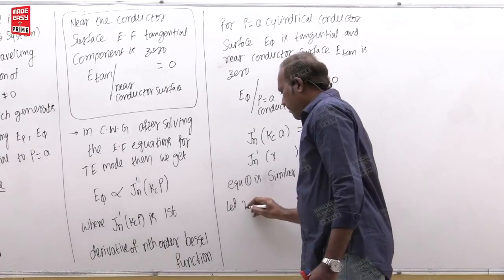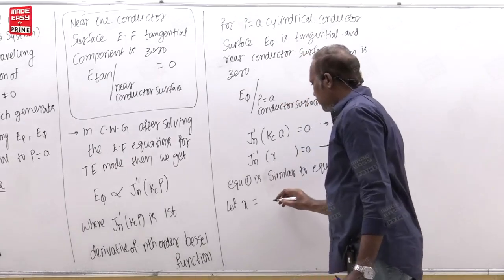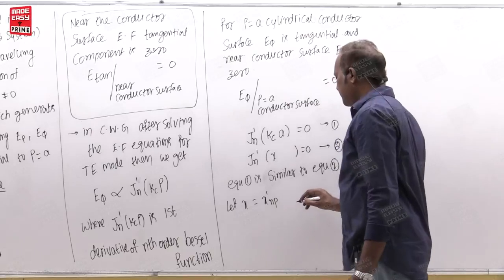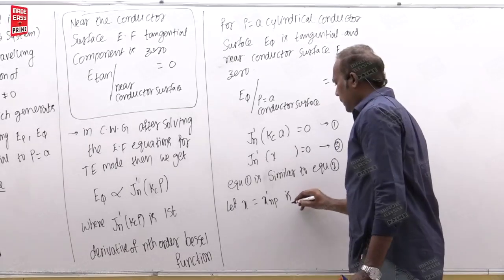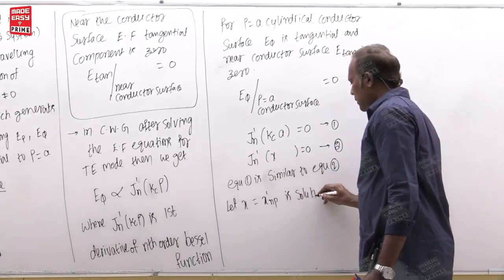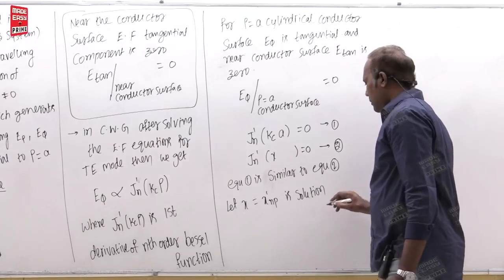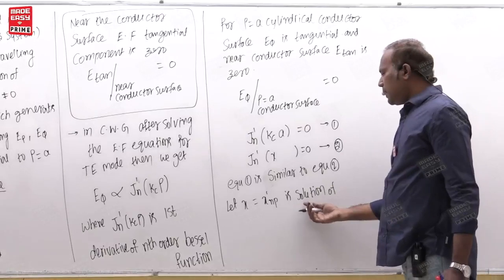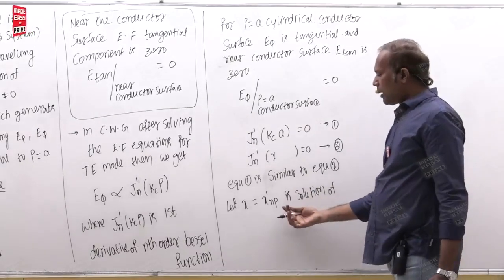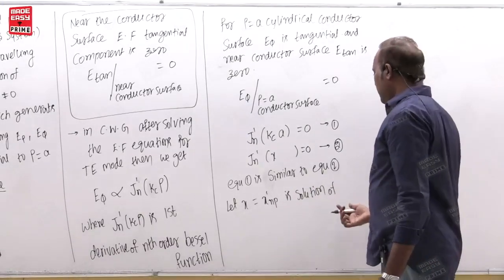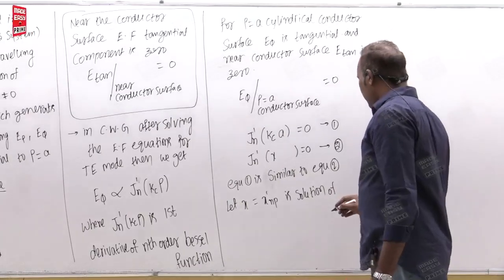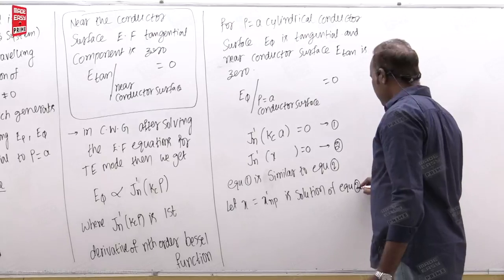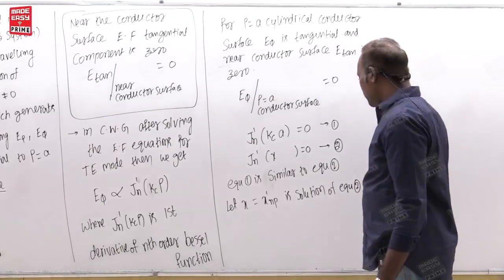Let x is equal to x np dash is the solution. Actually they are floral, you can change np values, it is a solution of equation 2.